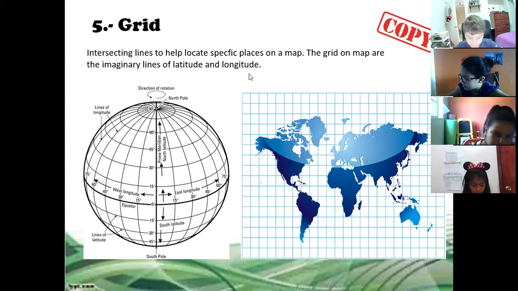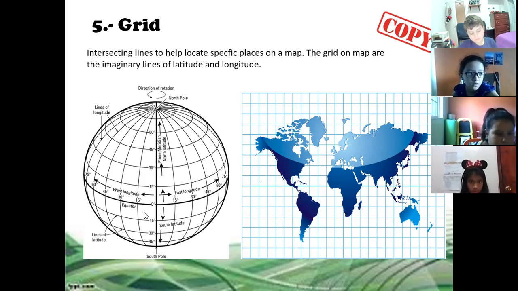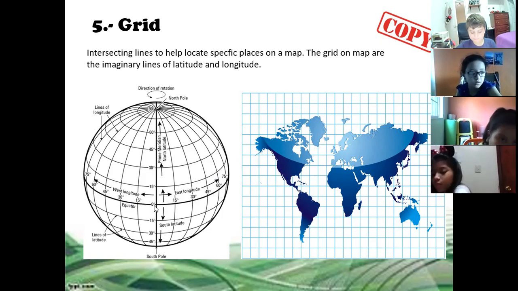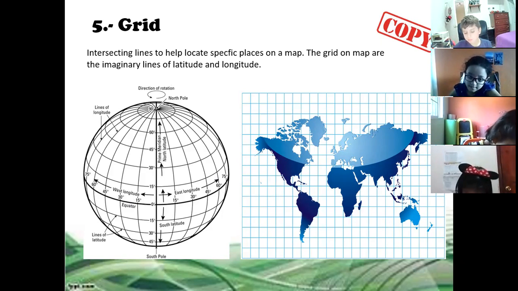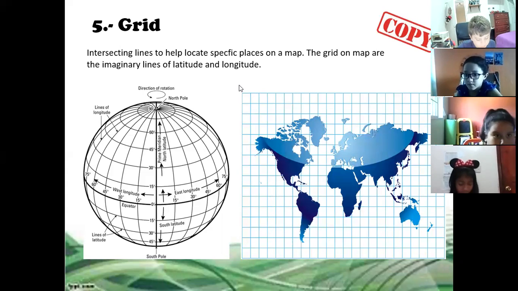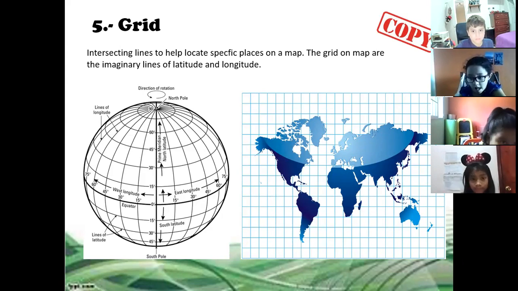We saw latitude and longitude in class number 1 or number 2, I think. The beginning point for latitude is located on the equator. The equator is 0 degrees. And you start counting from the equator up in the hemisphere, to the north, or you start counting down to the south. And in the case of the longitude, the beginning point is the prime meridian.